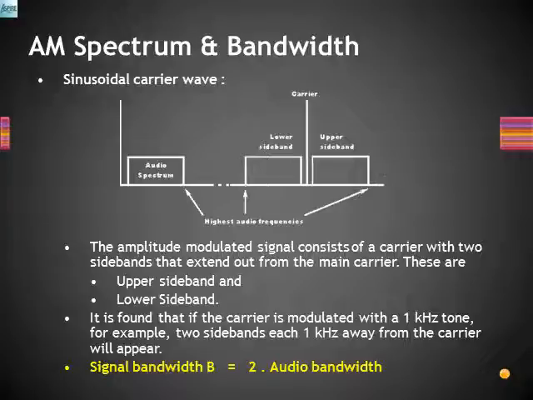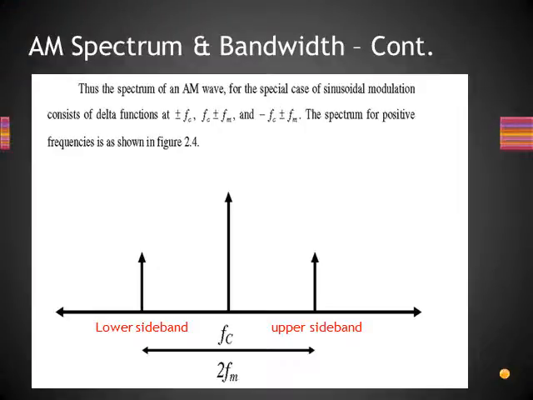It is clear from the graph that the frequency range of the upper sideband and lower sideband is equal to 2 times the frequency of the modulating signal. You can see here that the bandwidth is 2 times the frequency of the modulating signal.